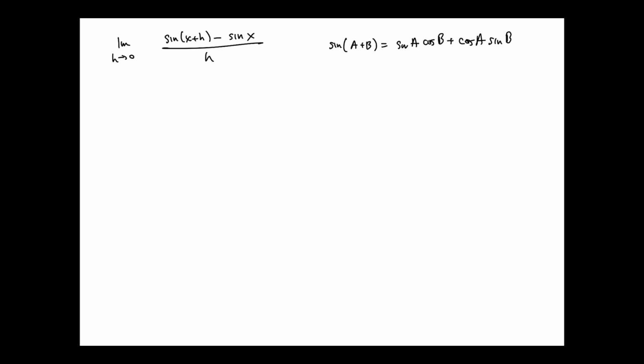So we'd have to say, okay, limit as h goes to 0 of, all right, so what would this be? Sine x cos h plus cos x sine h minus sine x, all over h. Okay.